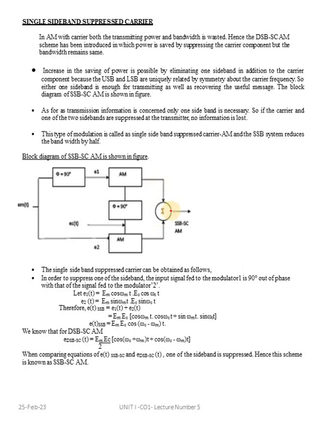At the summer we add these two signals, E1 of t and E2 of t. The combination of these two signals will produce E of t, the single sideband suppressed carrier waveform, Em Ec cos (omega c minus omega m) t.